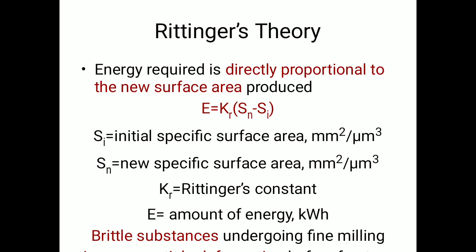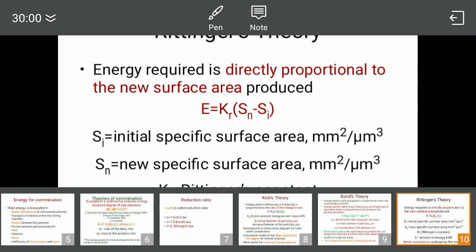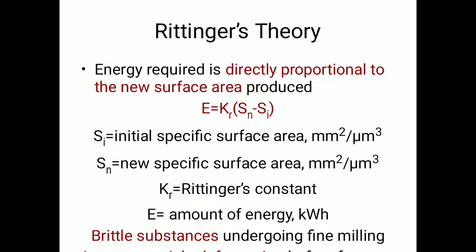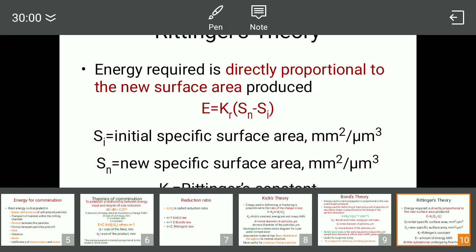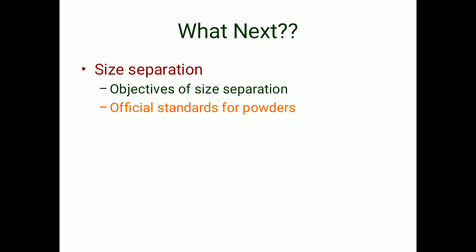Kr is Rittinger's constant and E is the amount of energy in kilowatt hour. Brittle substances undergoing fine milling will follow Rittinger's theory. So this was the end of the theories of comminution.